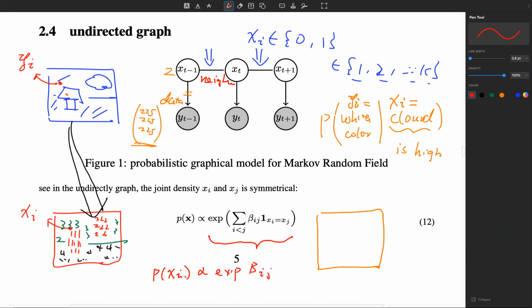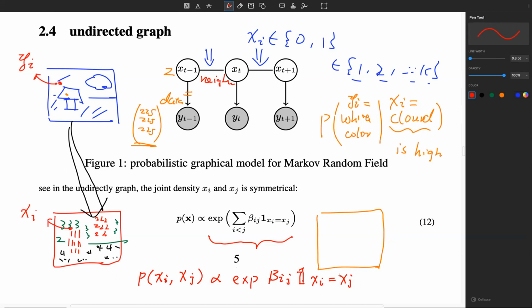So I need a pair. I need to have P of xi, xj proportional to exp, then beta ij, an indicator function to say whether xi is equal to xj. That's just for one pair, like one edge.